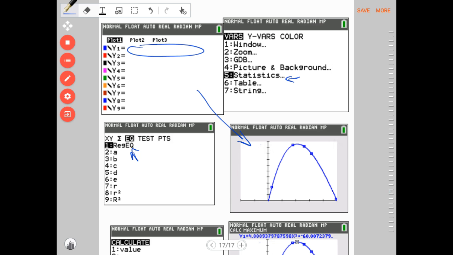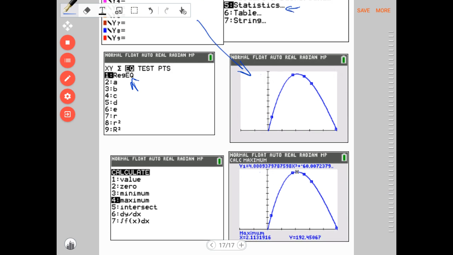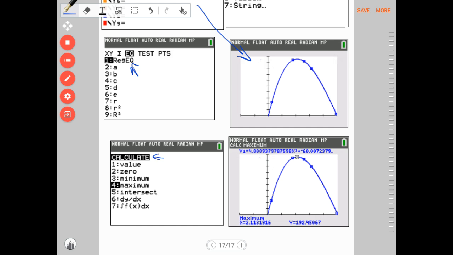Okay, and then we want to do the whole second calculate menu. So that's this guy, calculate. Okay, and we want the maximum value. So again, our calculator prompts us for a lower bound and an upper bound. So all we have to do is select points left and right of the maximum, and then it'll tell us what the maximum is.